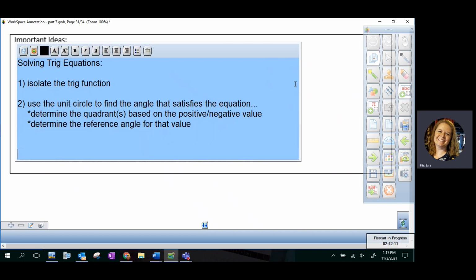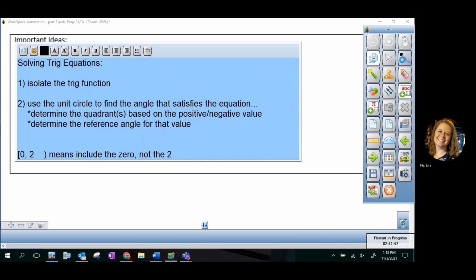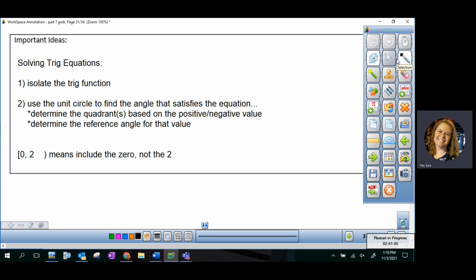Something you may want to add, just to remind yourself: bracket 0 to pi, I'll write in the pi by hand, I can't type it, means include 0, not the 2 pi. I have to write in the pi symbol though. Oops.